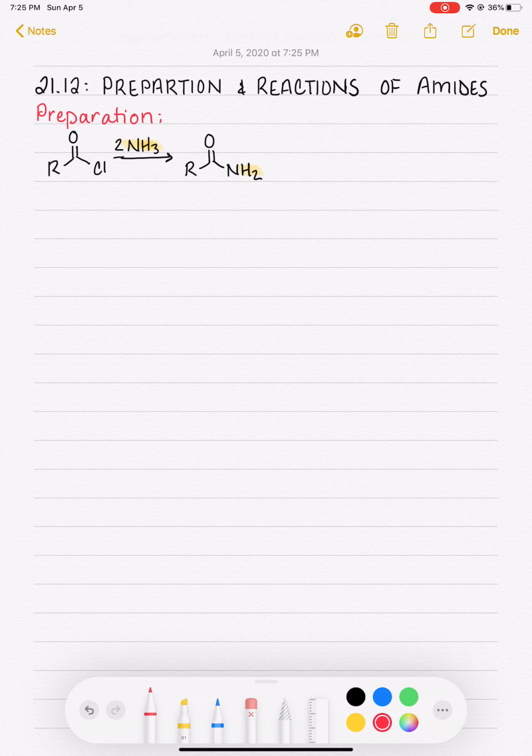So there's that. As far as the reactions of the amides, they only do 3. Really, they only do 2. We can do hydrolysis, either acid catalyzed or base catalyzed.